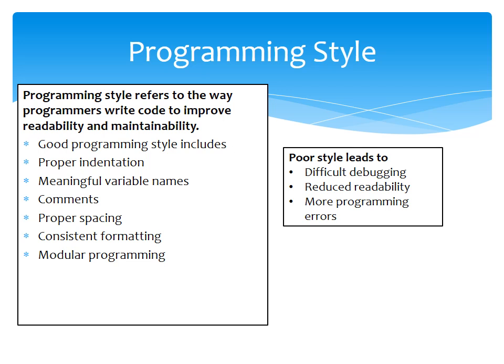Coming to programming style, what does it mean? Programming style refers to the way programmers write code to improve readability and maintainability. You need to have a good programming style. Good programming style includes proper indentation, meaningful variable names, comments, proper spacing, consistent formatting, and modular programming.